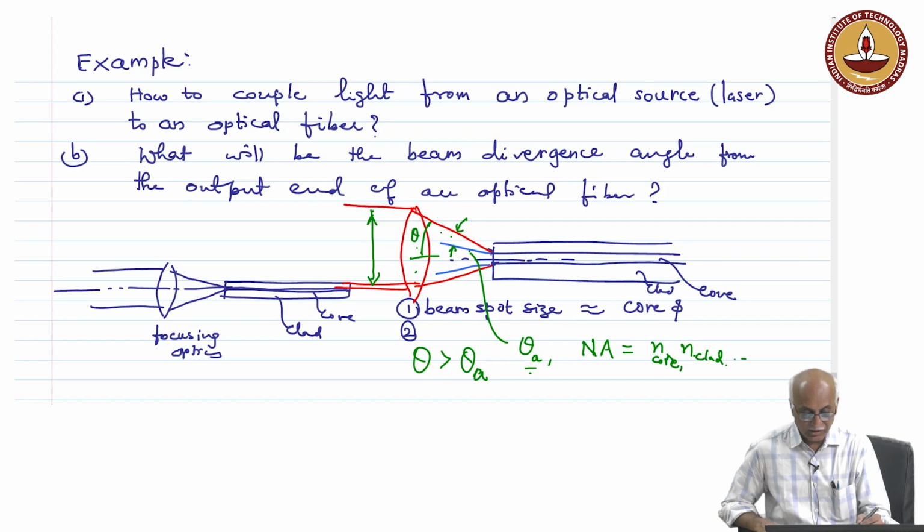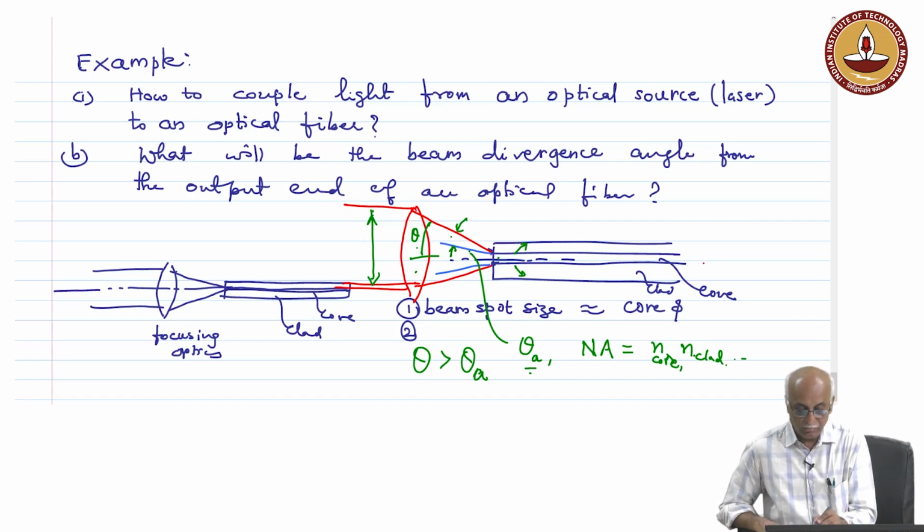Because some part of the light which is beyond this acceptance angle will get lost while it is traveling through this fiber and through the clad region. And finally the output intensity will be smaller than what is getting coupled over here. Are you clear about this?